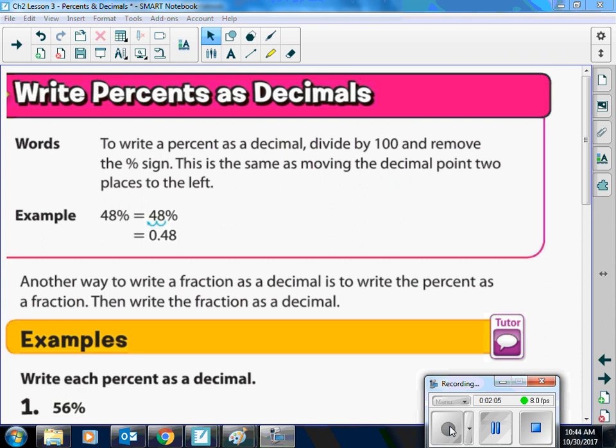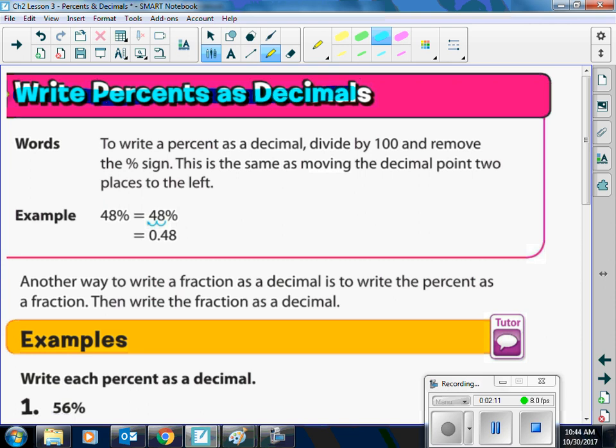All right. So now we're going to write percents as decimals. To write a percent as a decimal, we want to divide by 100 and remove the percent sign. This is the same as moving the decimal point 2 places to the left.